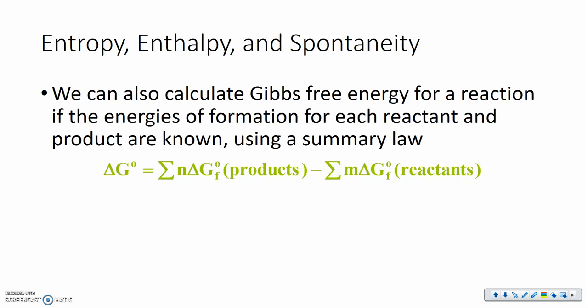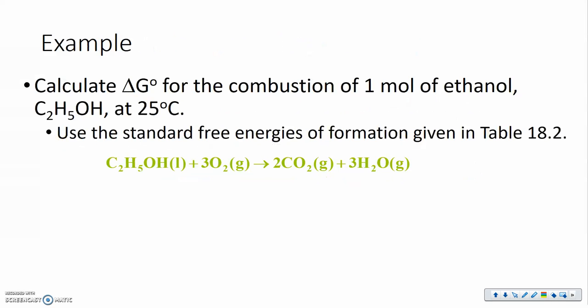The other way we can calculate Gibbs free energy is if you have the Gibbs energy of each individual substance, reactant and product, and do a summation law, just like we do for the enthalpies and the entropies. For this reaction, you would have to look up these values. They're in your book. And we want to multiply them. It's negative 394.4. And then 3 times negative 228.6.